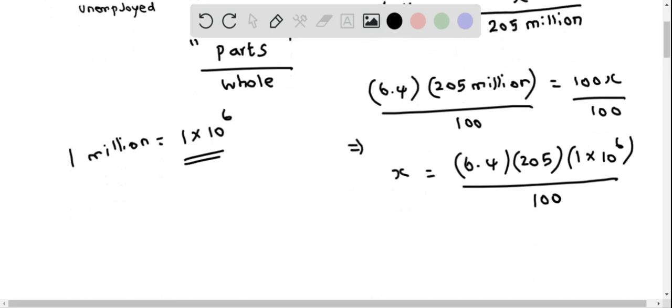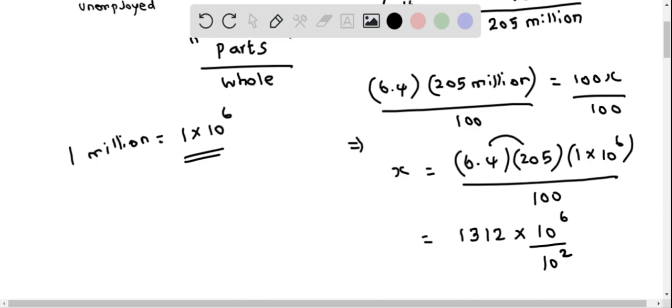So we can just do the calculation. We have to multiply these two quantities. It is 6.4 times 205, and this is 1312. And we then have this 10 power 6. I can write down this 100 as 10 power 2.